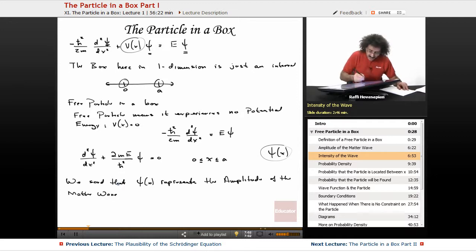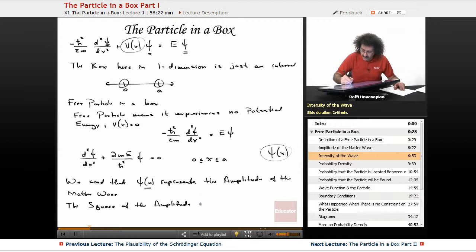So the square of the amplitude, which this is, represents the intensity of the wave.